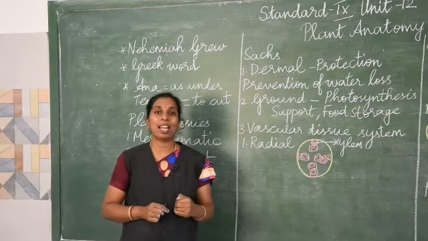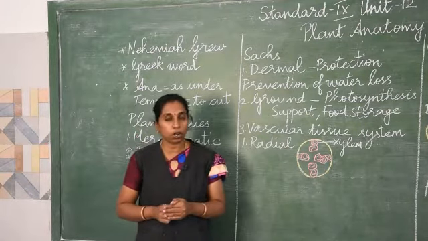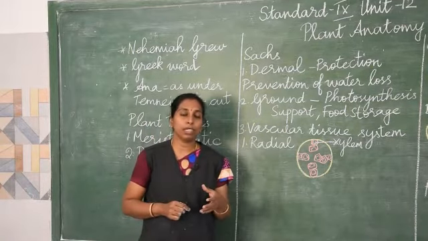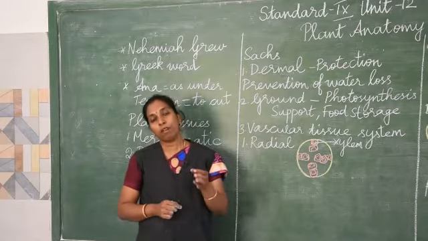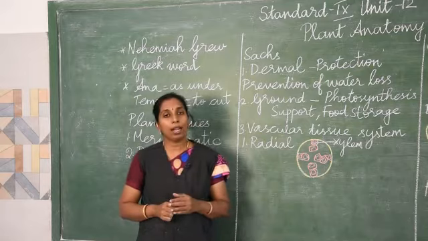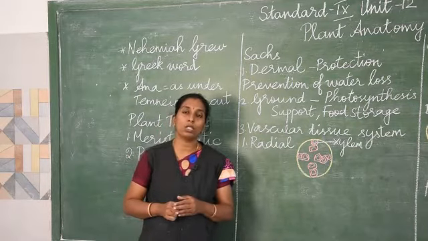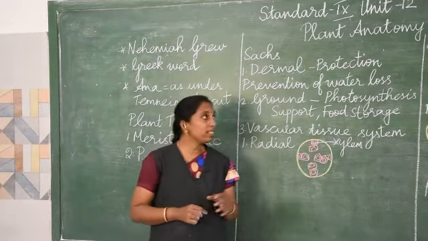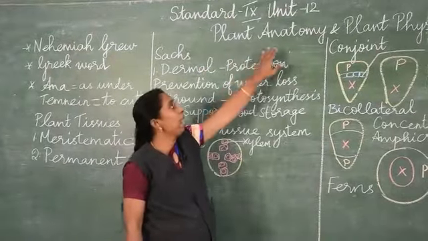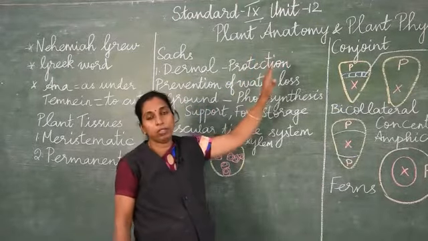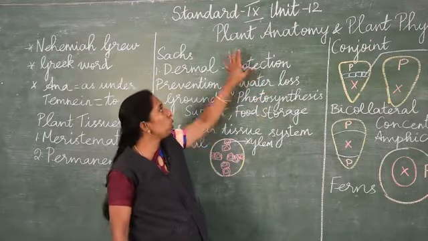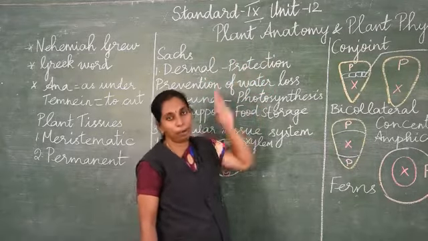If it is plant anatomy, we are studying the internal structure of plants. If it is animals, we are studying the internal structure of animals. If it is human beings, we study the internal structure of human beings. So now we have learned this term: plant anatomy is the study of internal structure of plants.